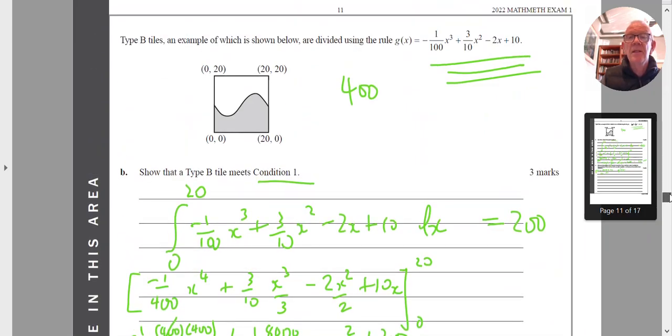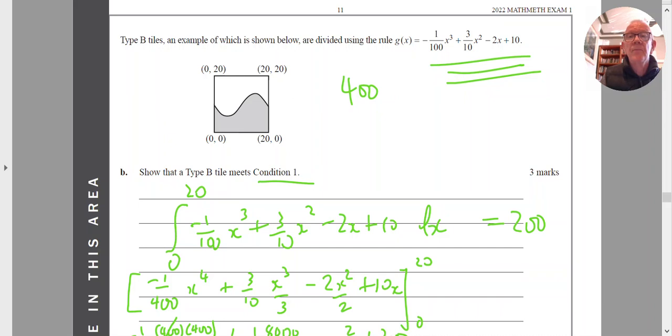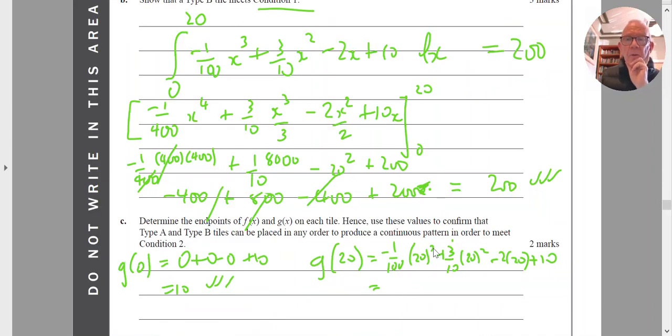That's going to be negative, which is going to equal, that's cubed, so 20 cubed is 8,000, so that's minus 80. And that's 400 divided by 10 is 40, so plus 120, minus 40 plus 10, which equals 10.